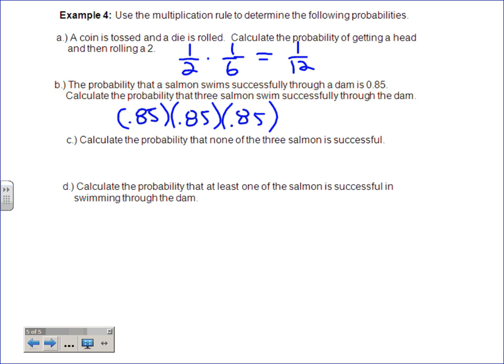No, because it's 3 of them. Completely 3 separate events. I want to know what's the probability that 3 of the salmon swim successfully through the dam. This is basically just 1 salmon gets through it. So you take 0.85 and basically just cube it, right? Is that exact? No? 0.61-ish, you're saying?